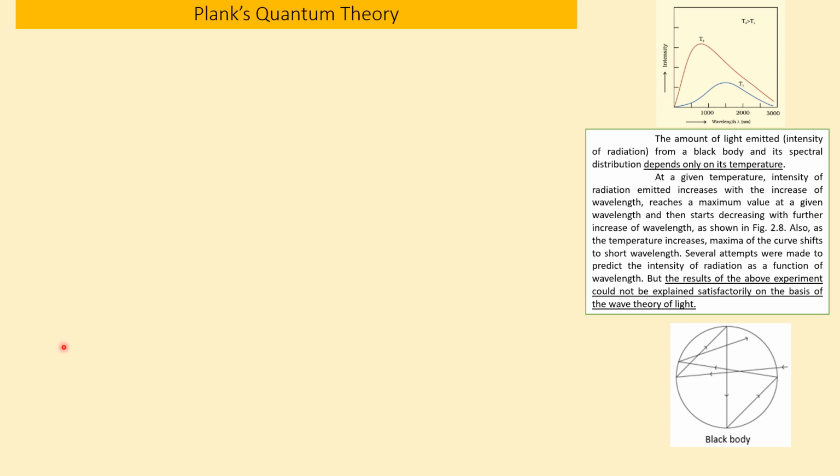In this figure, you see the wavelength and the intensity plotted. If we keep the temperature constant and vary the wavelength, the intensity increases and then falls down. At different temperatures, different graphs are observed.